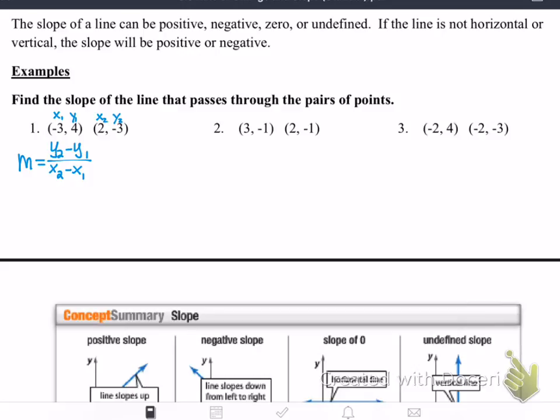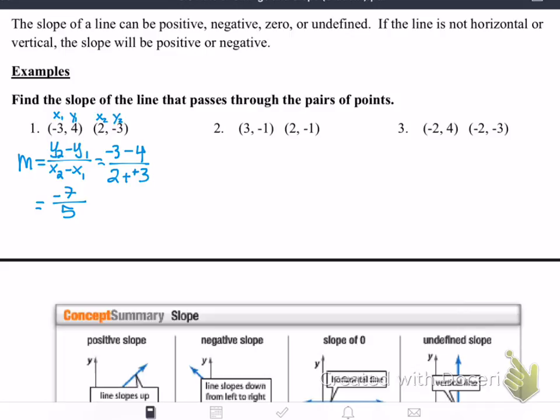You just plug these numbers in. For y2 you get negative 3, minus y1, which is 4, over x2, which is 2, minus x1, which is negative 3. Make sure it is always minus, even if you do have a minus negative, that will eventually change. Then we just evaluate it. Negative 3 minus 4 is negative 7. 2 minus negative 3 is 2 plus positive 3, which is 5.